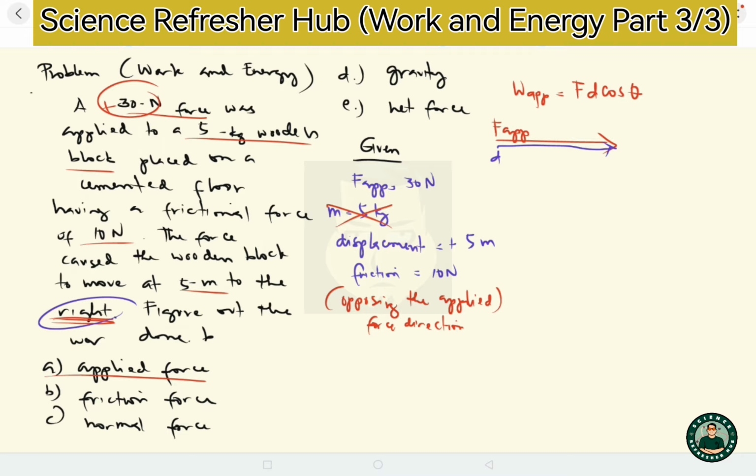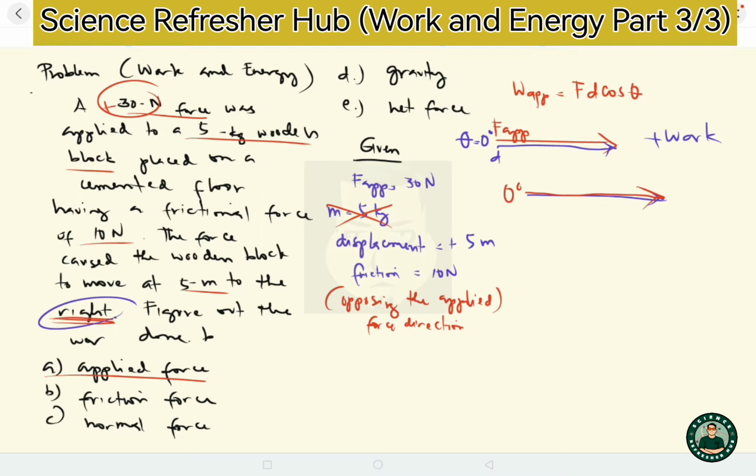Same direction, so that's a positive work. If these two vectors are in the same direction, our angle will be 0 degrees. No angle is formed because the displacement and the applied force are in the same direction.